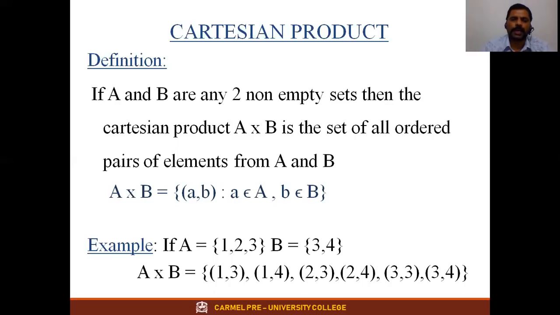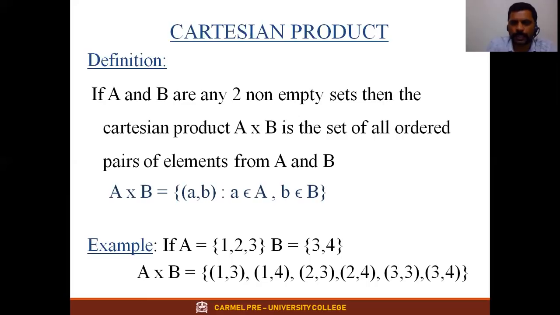If A and B are any two non-empty sets, then the Cartesian product, usually read as A cross B, is the Cartesian product of A and B. The Cartesian product of A and B is defined as the set of all ordered pairs of elements from A and B. In some books, they write from A to B. Both you can write, it doesn't make any difference.